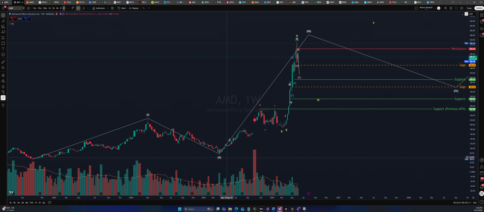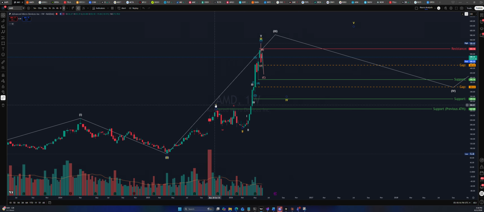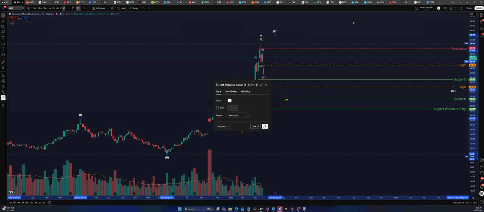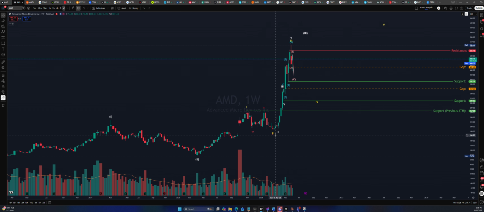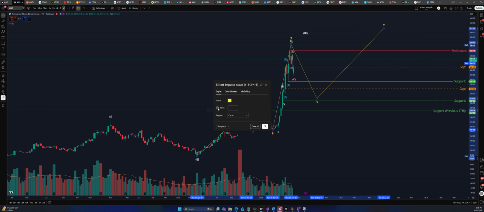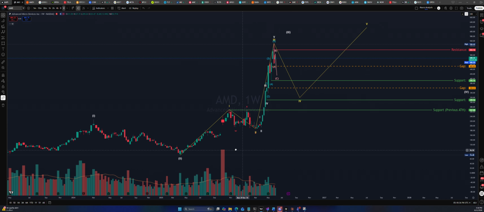But within wave 3, I'm going to just remove this one for now again so I can show you, because within each wave, there's a subwave. So you have to understand the methods of analyzing based on the subwaves as well. So you have a subwave, which is this one here. So within wave 3, you have wave 1, 2.